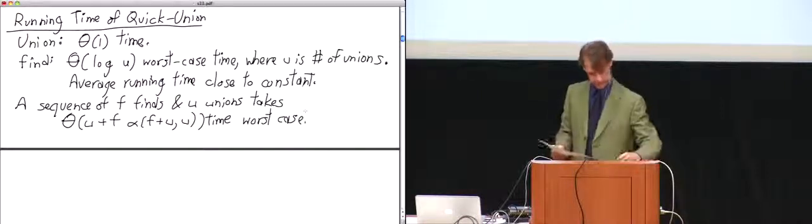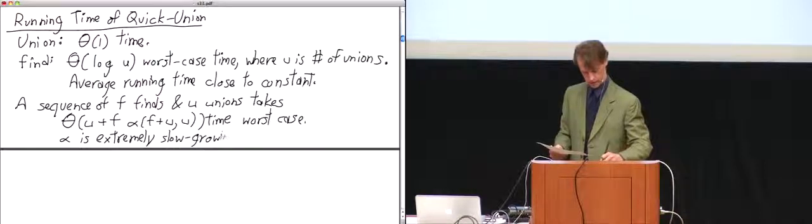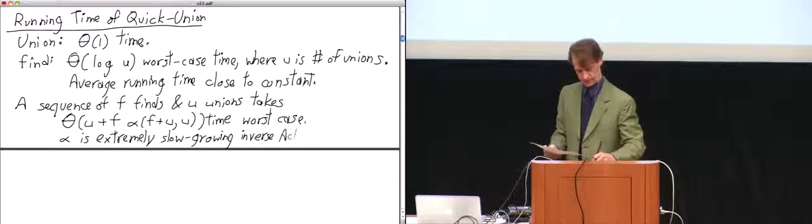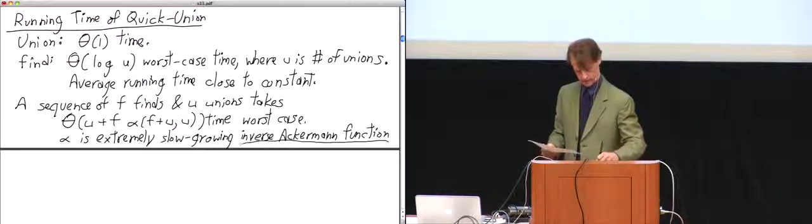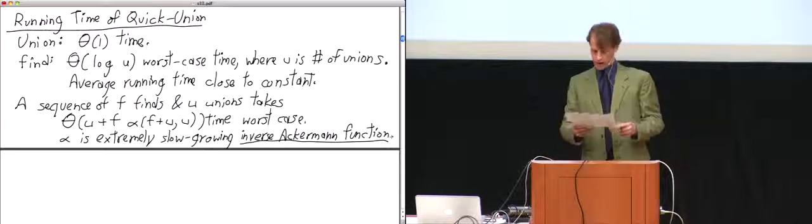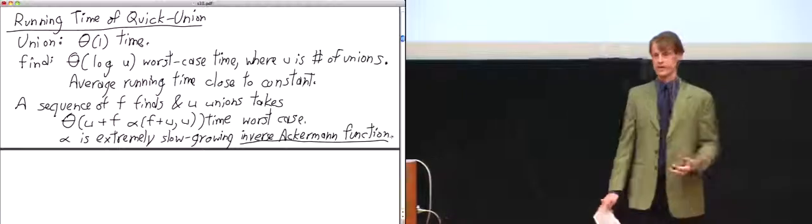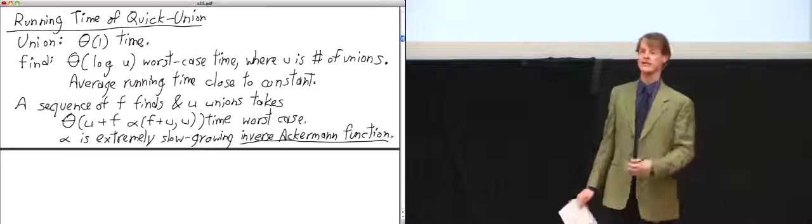What is alpha? Alpha is an extremely slow growing function. It is called the inverse Ackermann function. I'm not going to tell you how to define it, because we'd be here all day, but when I say that the inverse Ackermann function is extremely slow growing, I mean it's comically slow growing.